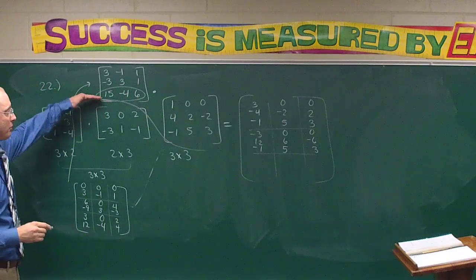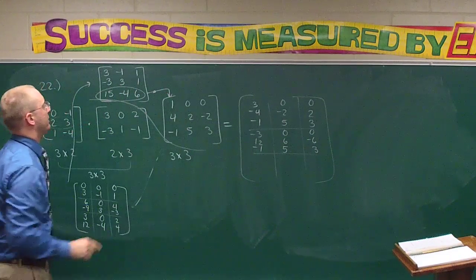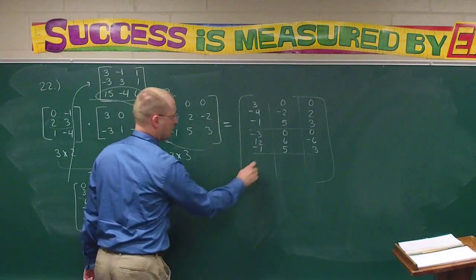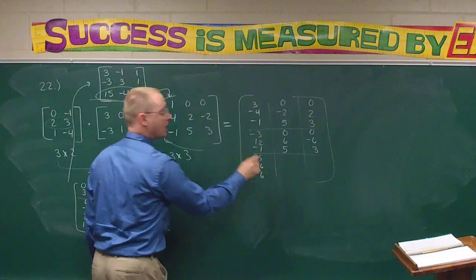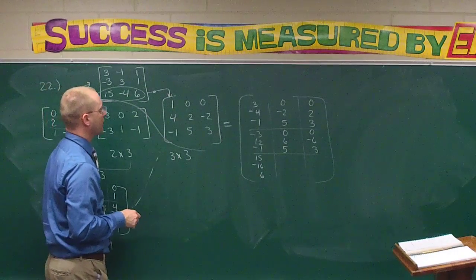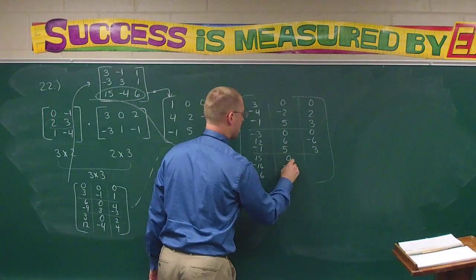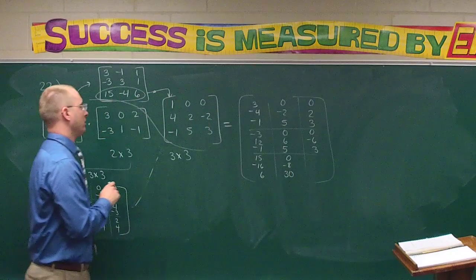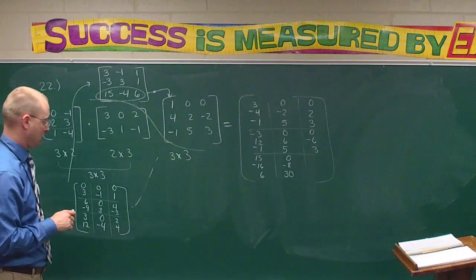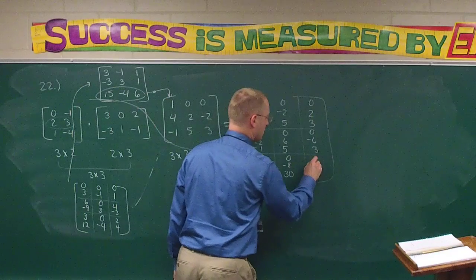So we're going with the bottom row, going down first column. 15, -16, -6. Good. Next one, Kendall. 0, -8, and 3. And Michael. 0, 8, and 18.